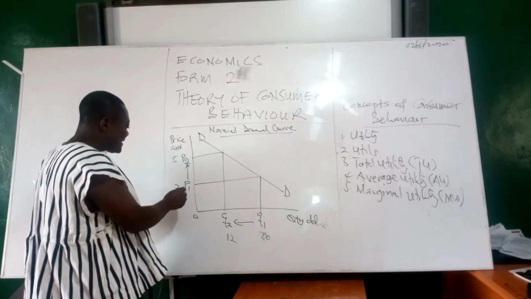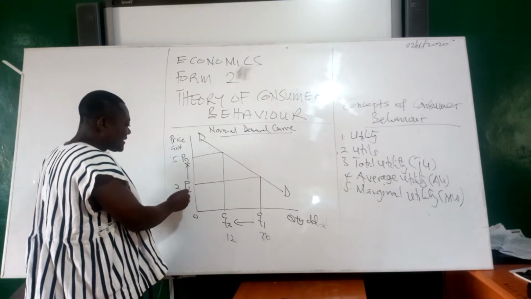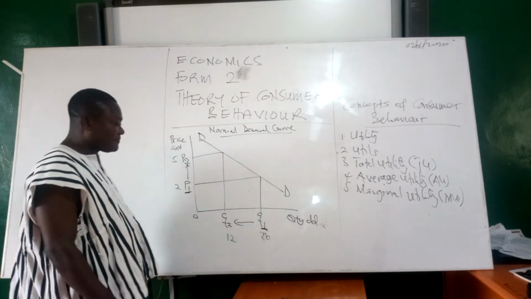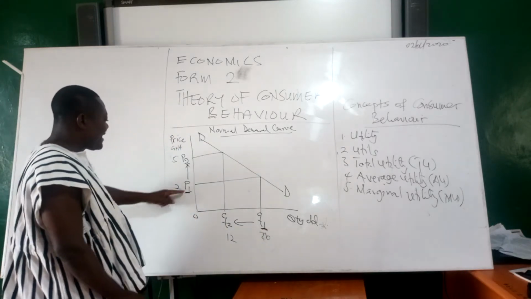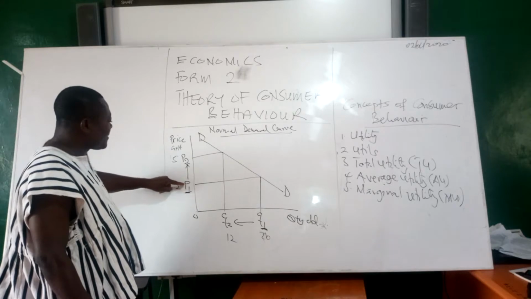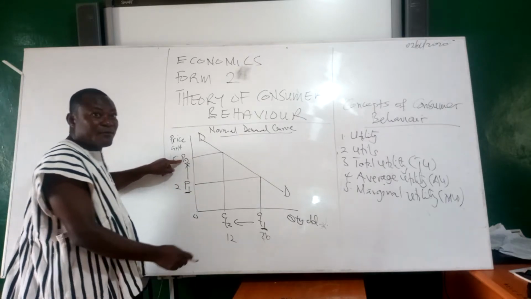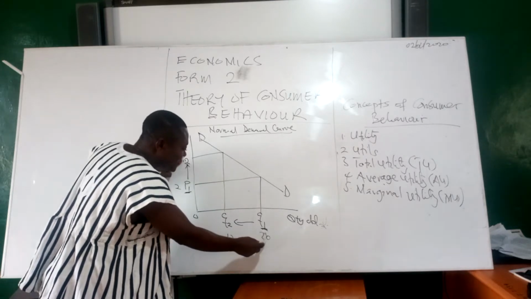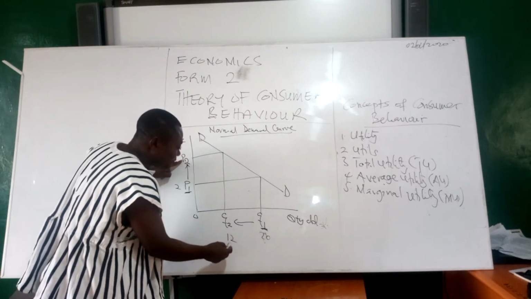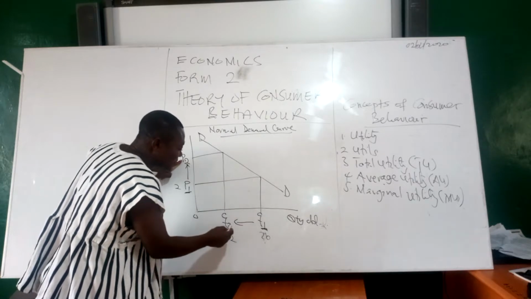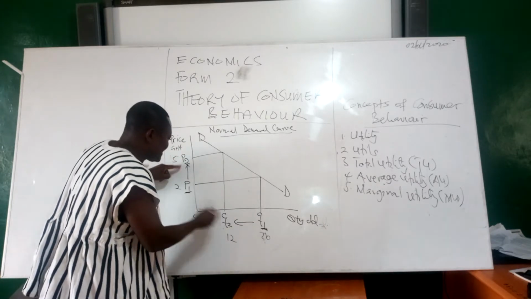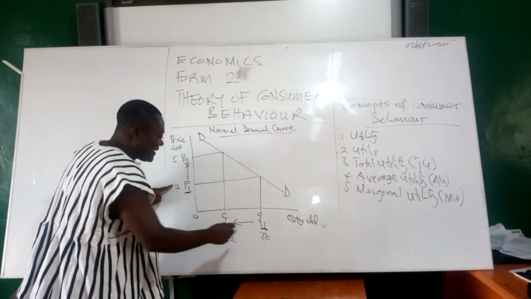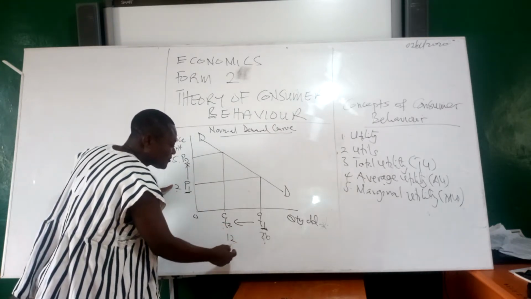So we realize that at P1, quantity demanded was Q1. When price increased from P1 to P2, quantity demanded fell from Q1 to Q2. If it is in figures, from 2 cedis to 5 cedis, quantity fell from 20 to 12.